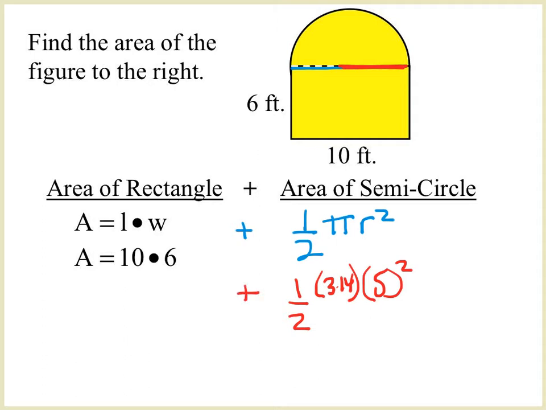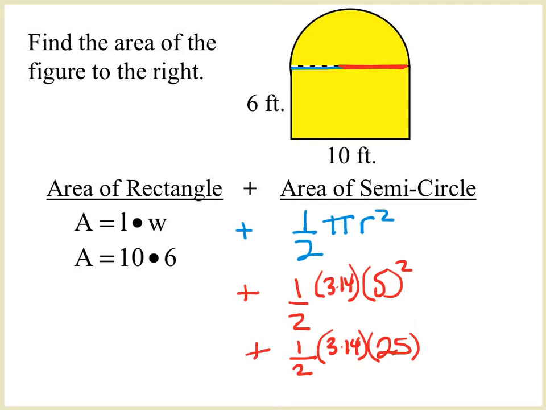Okay? Next up, I'm going to multiply it out. Remember, 5 squared is 25. I'm multiplying that by 3.14, and then multiplying that by 1/2.